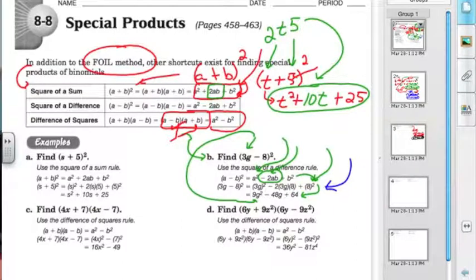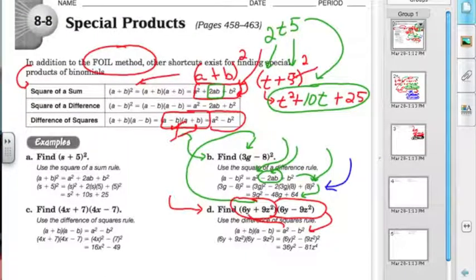So in the end, realistically, all you have to do is put that in place. If we look at one of the examples, we have down here in example D, we use the difference of squares. So we notice in the first binomial, we have 6y plus 9z squared. We're going to multiply by 6y minus 9z squared. The formula is right here, a squared minus b squared. What's in place of a?